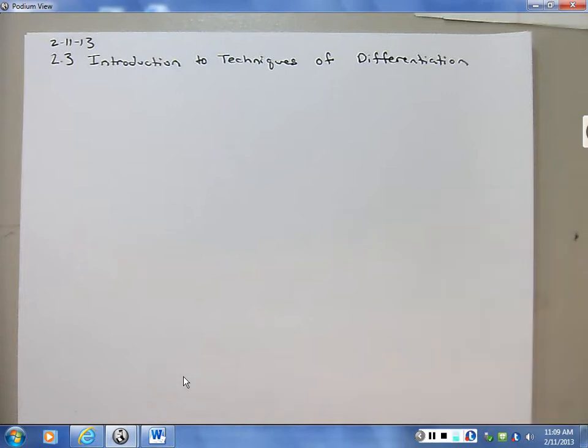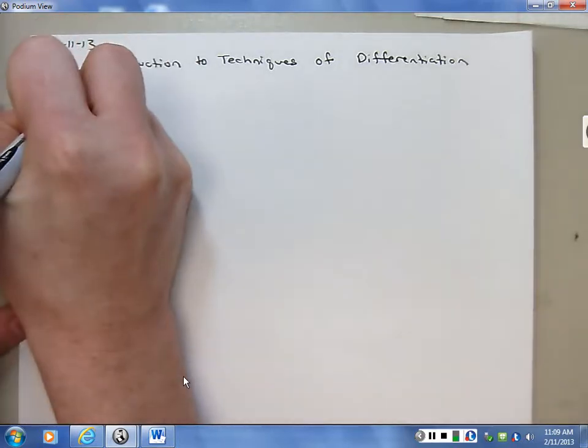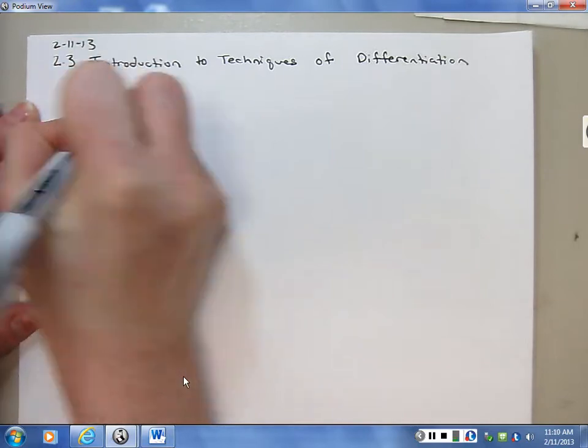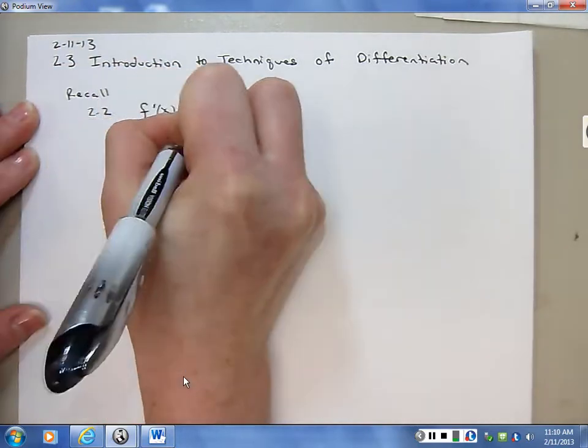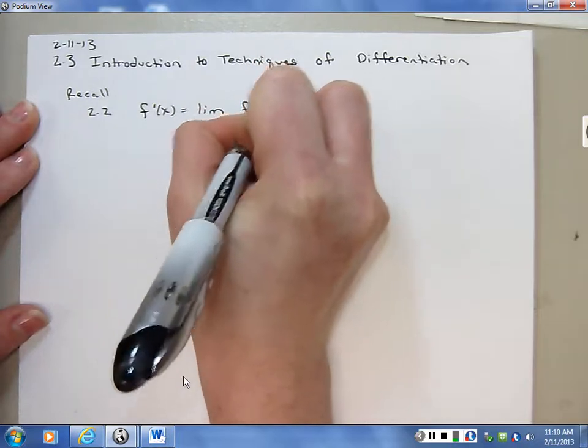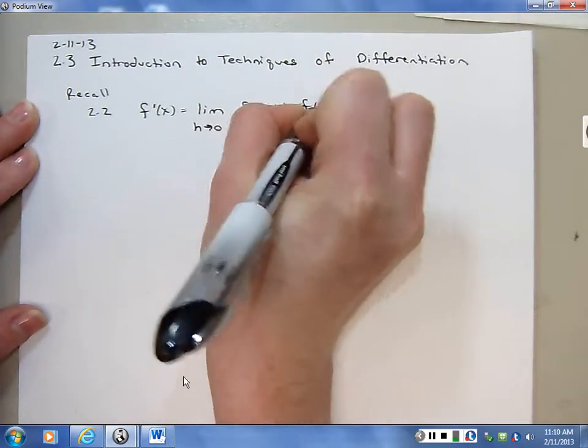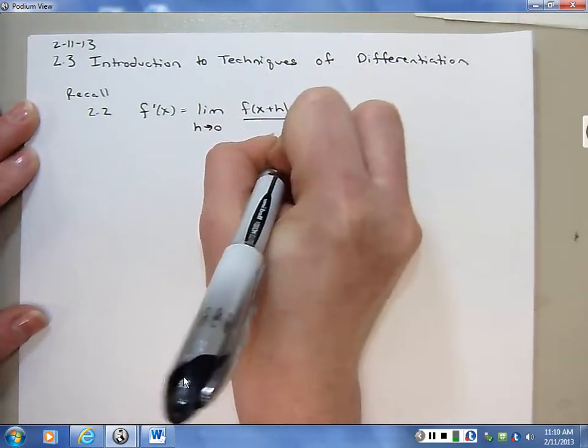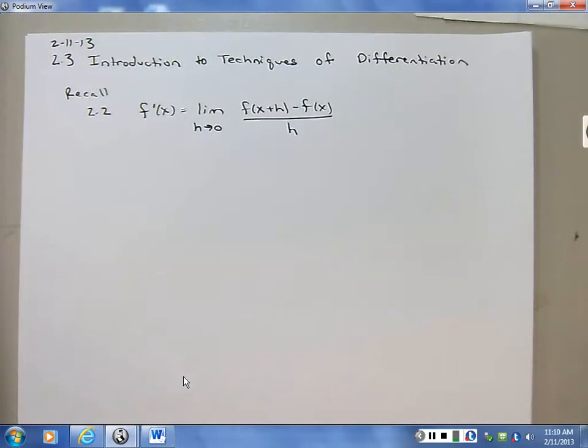Before we learn the shortcuts, if you recall in 2.2, we defined the derivative of a function to be the limit as h goes to 0 of f of x plus h minus f of x, over h. We spent time doing examples from this.